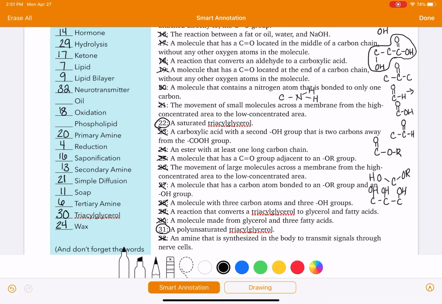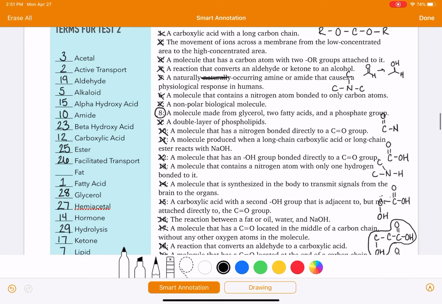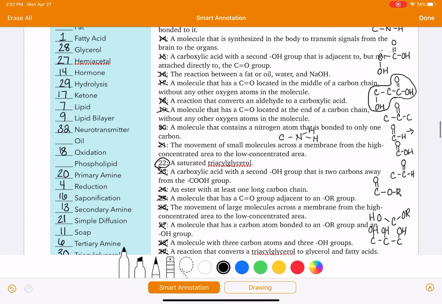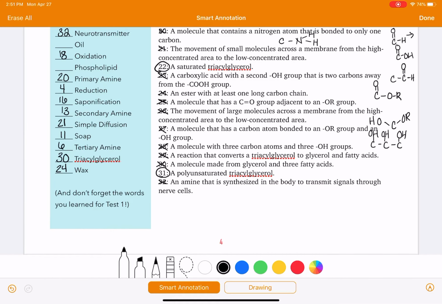So let's see what we have left. We're looking at saturated and polyunsaturated triacylglycerols. And one of those is going to be a fat and one of those is going to be an oil. So let's remember what it means to be saturated. Saturated means no carbon-carbon double bonds.